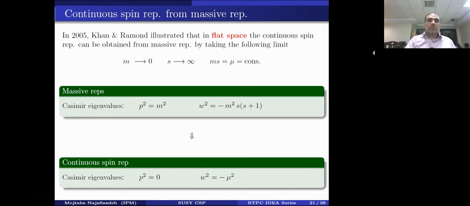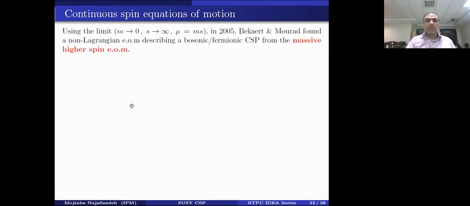Using this method, taking this limit, in 2005, Xavier Beccard and Jihad Murad found a non-Lagrangian equation of motion describing a bosonic or fermionic CSP from the massive higher spin equation of motion. Indeed, they consider massive higher spin equation of motion.